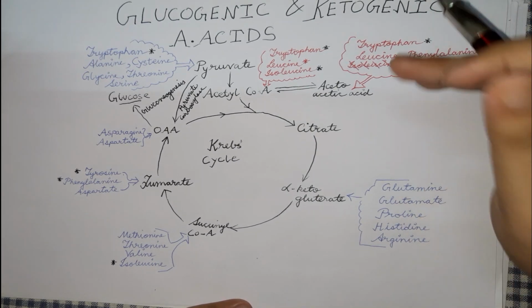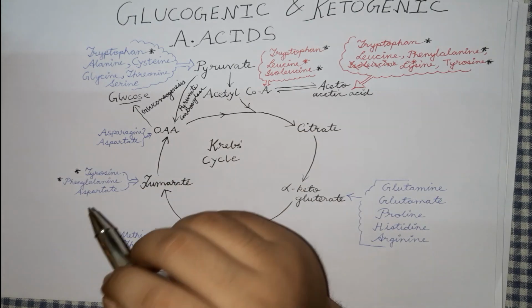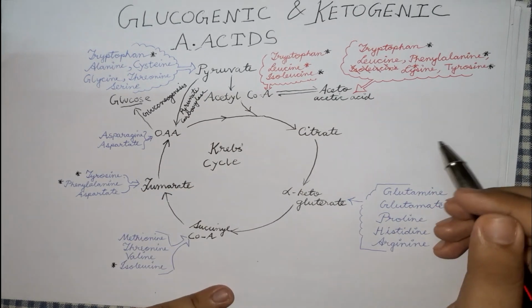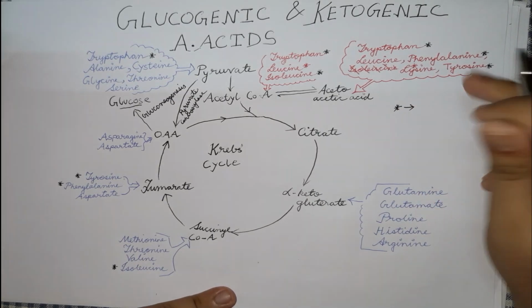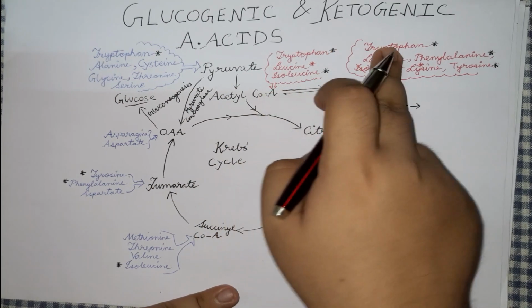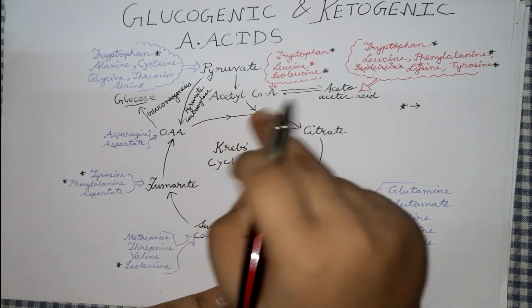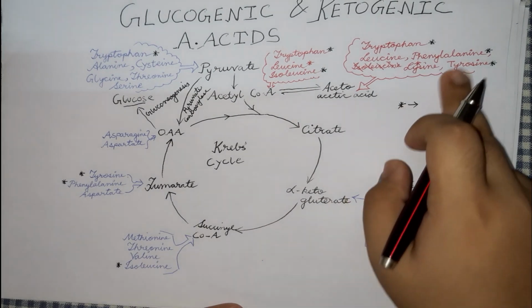I think this is legible. What are the star marks for? Let me explain. The black stars here: tryptophan, isoleucine, phenylalanine.